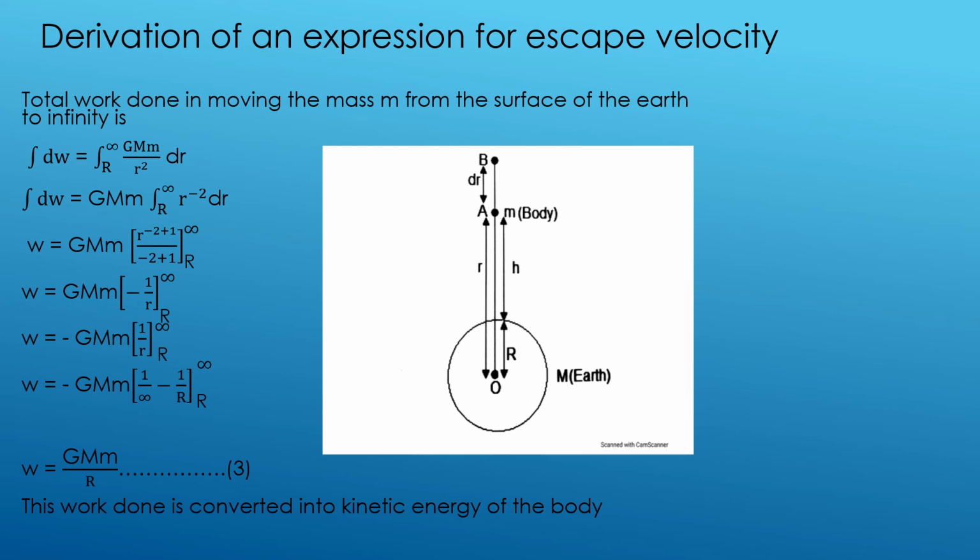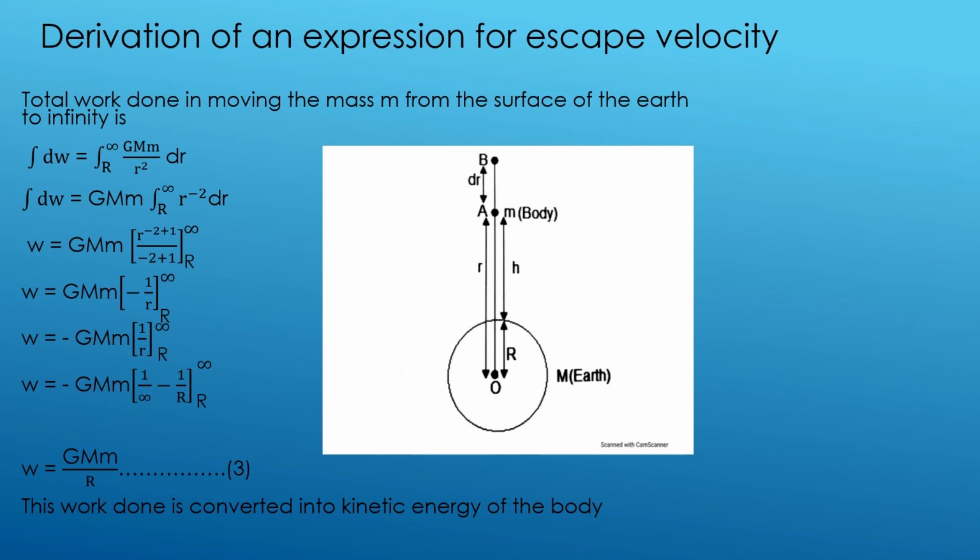W is equal to capital G, capital M, small m times r raised to minus 2 plus 1 divided by minus 2 plus 1, with the limits R to infinity. After solving it, W is equal to capital G, capital M, small m in the brackets of minus 1 by r, with the limits R to infinity.